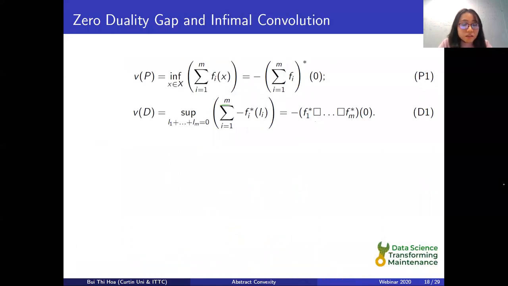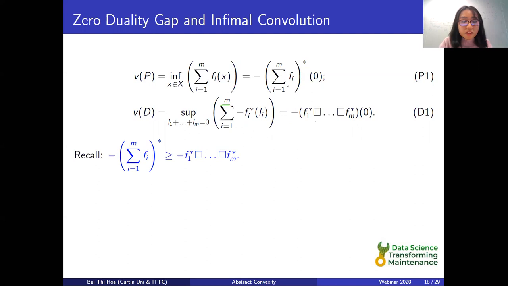So the idea of having the zero duality gap conditions is that we are employing the idea of infimal convolutions. The reason is that V_P is actually the value of the conjugate of the sum at 0, and also V_D is the optimal value of the dual problem, the value of this function at 0 as well.